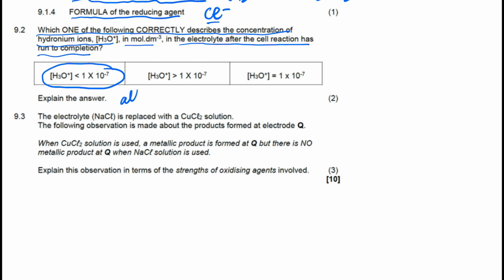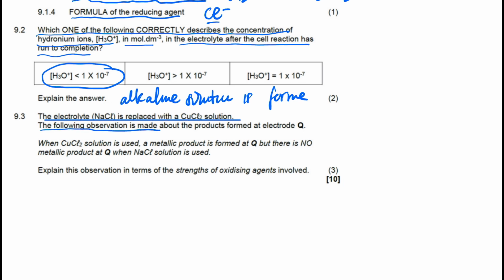So explain your answer. You'll say alkaline solution is formed. So the solution became basic. Now it says the electrolyte, sodium chloride, is now replaced with copper chloride.